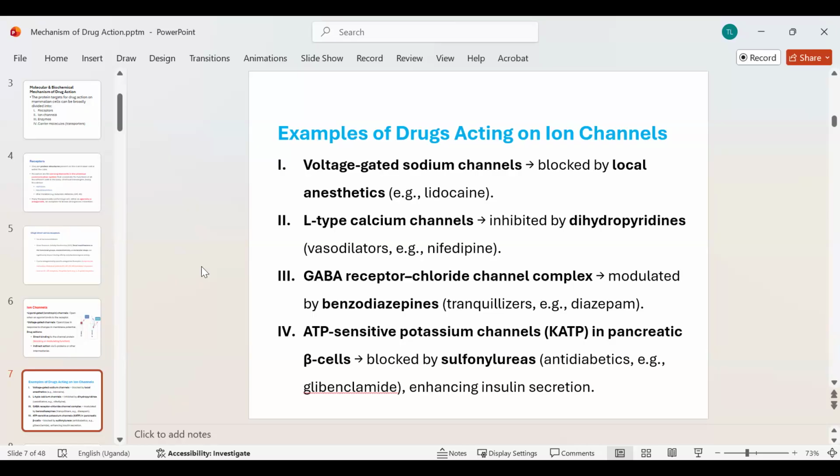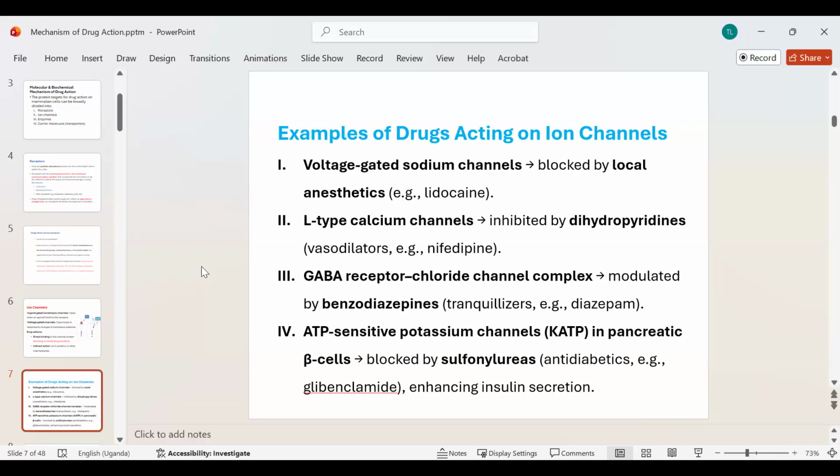We can see drugs like nifedipine, amlodipine, and others. We shall see them at a later stage when we do systemic pharmacology, but these ones tend to bind to the L-type calcium channels. There are other types of calcium channels like the T-type calcium channels where other drugs bind.